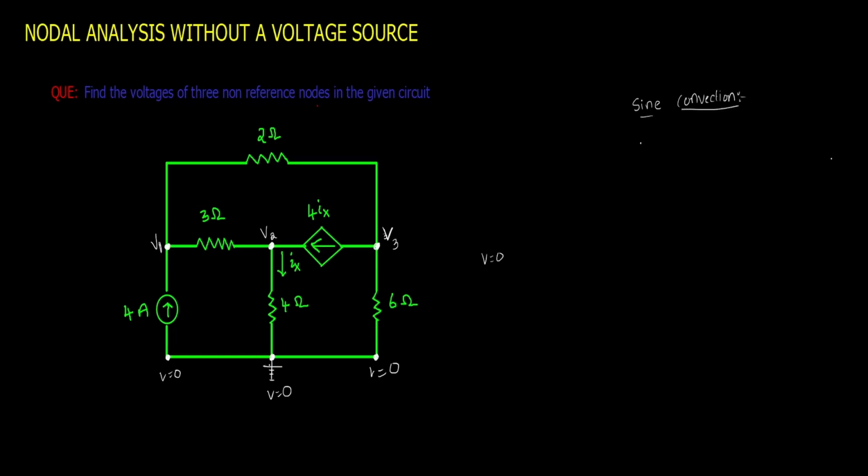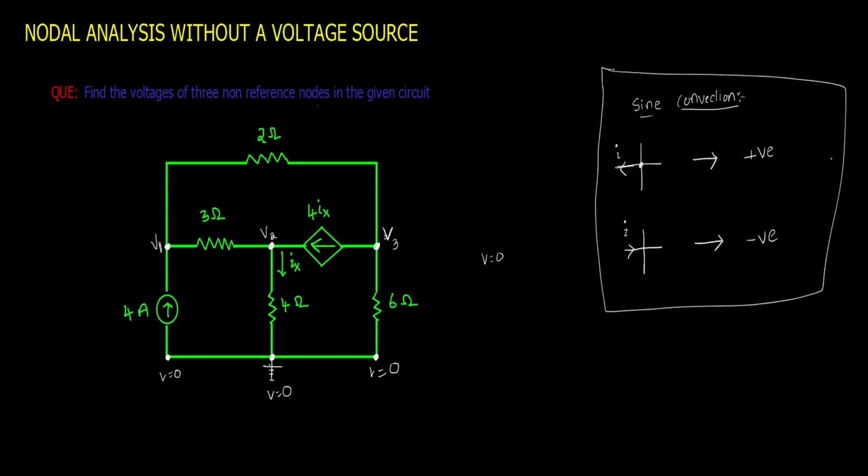Let us consider this as a junction, and if the current is exiting the junction, then we take the sign of that current as positive, and in a similar way if the currents are entering the junction, then we take the sign of that current as negative.